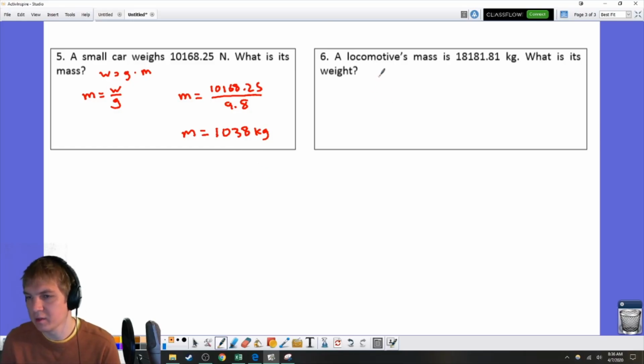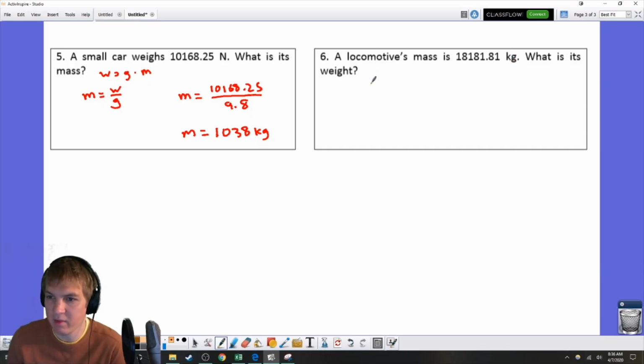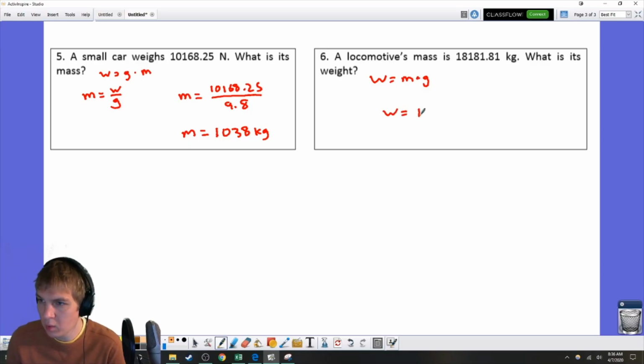Okay, number 6, last problem. A locomotive's mass is 18,181.81 kilograms. What is its weight? Okay, so we have the mass now, and we have weight is equal to mass times gravity. And we're assuming Earth's gravity, so weight is equal to 18,181.81 times 9.8.